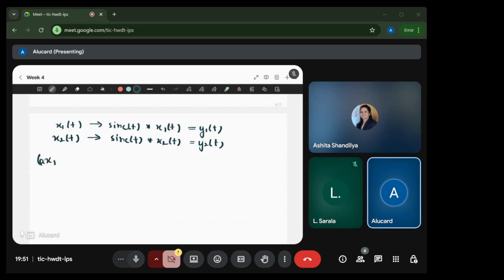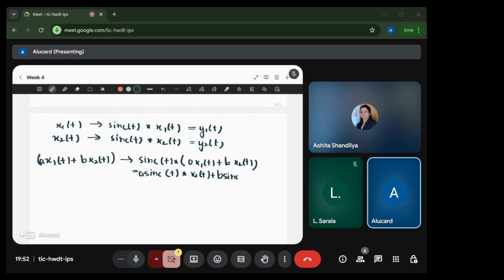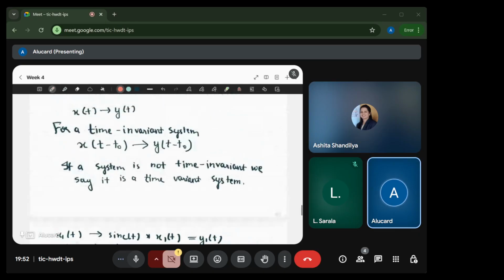If your input is a x1 of t plus b x2 of t, then you will get as your output sinc t times a x1 of t plus b x2 of t. But you can also distribute this and write a times sinc t x1 of t plus b times sinc t x2 of t, which is equal to a y1 of t plus b y2 of t. So it is a linear system.